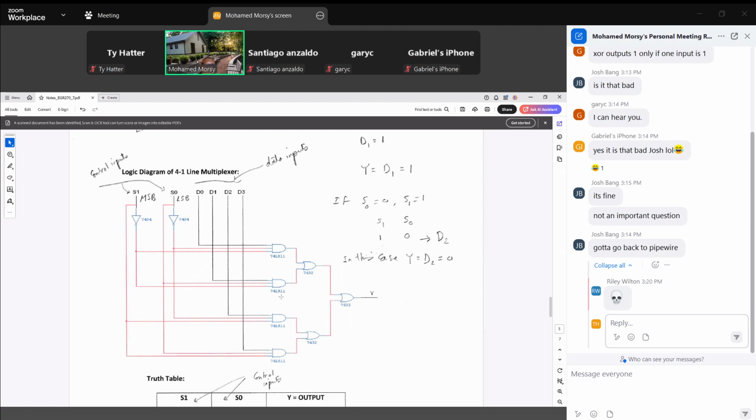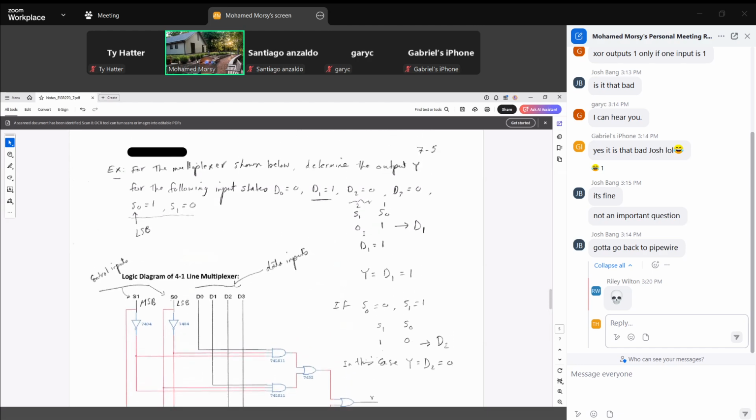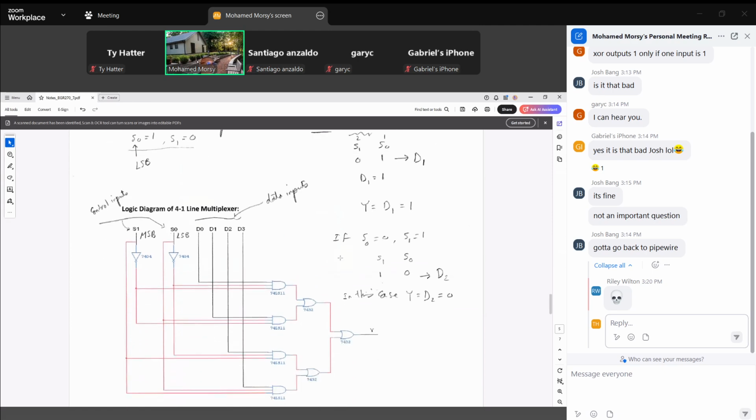Now this gate here, we have two inputs that are 1s. So the output of this gate will depend on the data input. The data input is D1. So what is D1? D1 is 1.